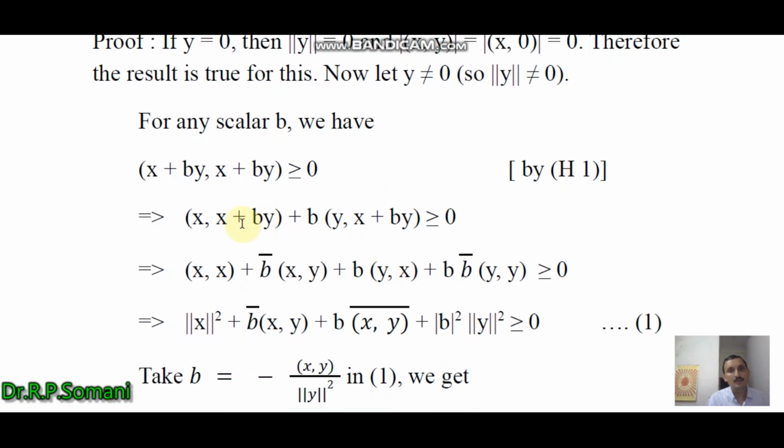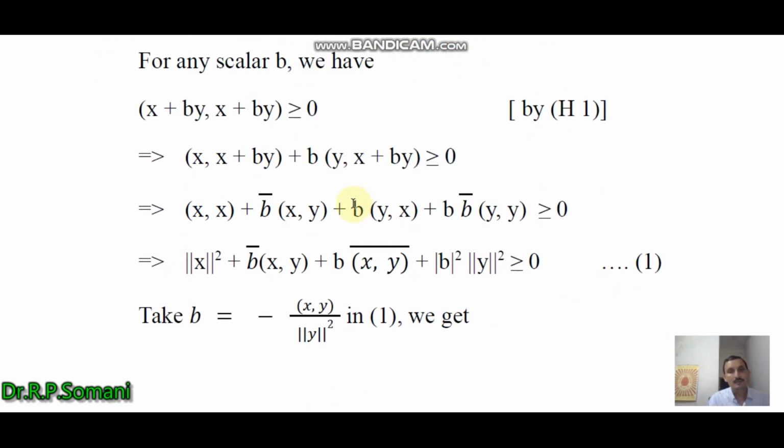This implies, opening by the linearity property H3, the inner product of x, x plus b bar times the inner product of x, y plus b times the inner product of y, x plus b b bar times the inner product of y, y is greater than or equal to 0.